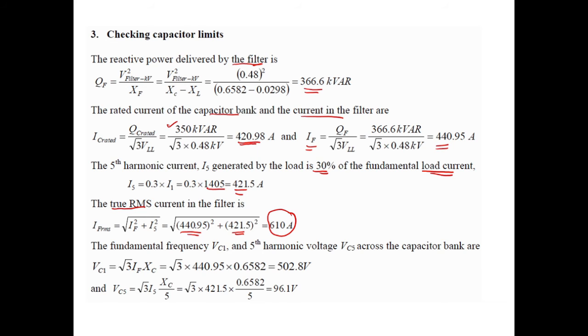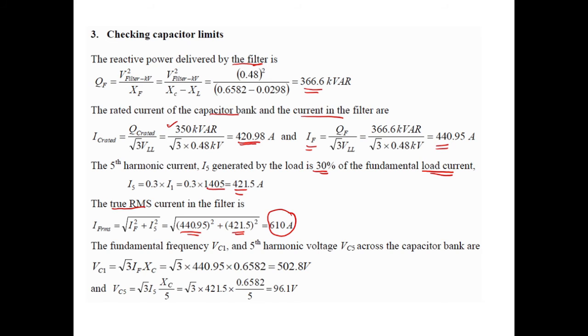Now to find what will be the true root mean square value for the voltage also across the capacitor, we need to find what will be the fundamental frequency voltage and what will be also the fifth harmonic voltage across the capacitor.